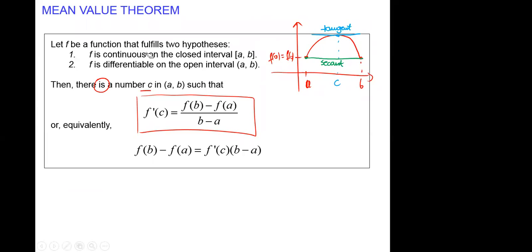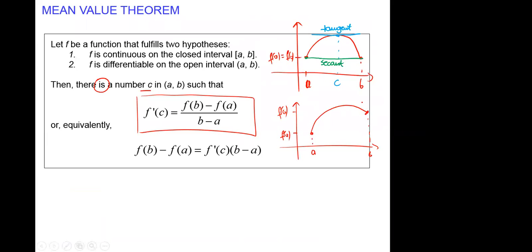And now, for the mean value theorem we have almost the same condition. The only thing that is different is that f(a) and f(b) don't have to be the same. Let's see. I can draw maybe the situation like that. f(a), and let's make f(b) a little bit higher.